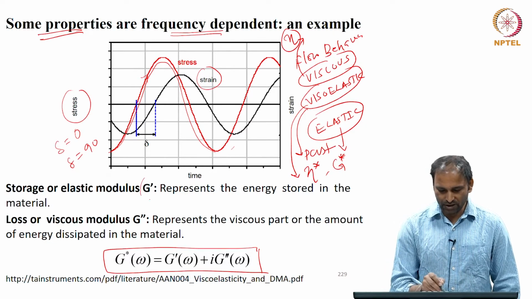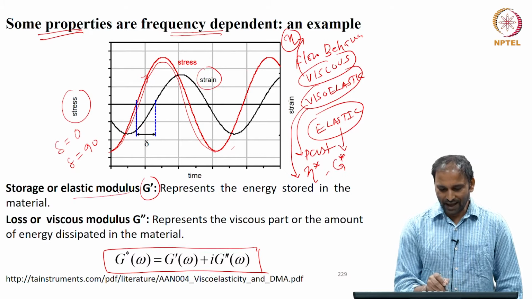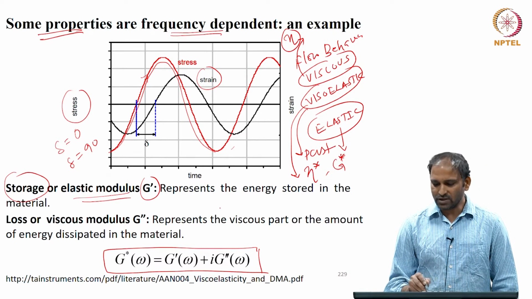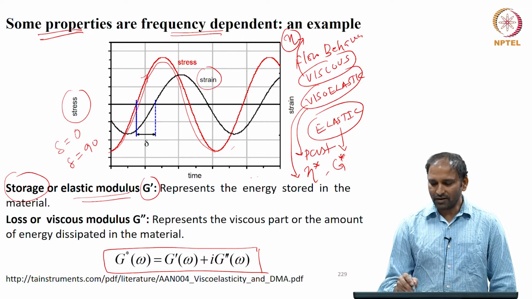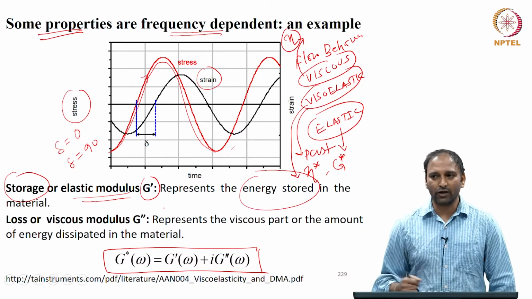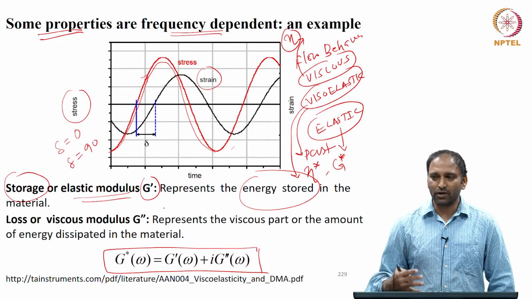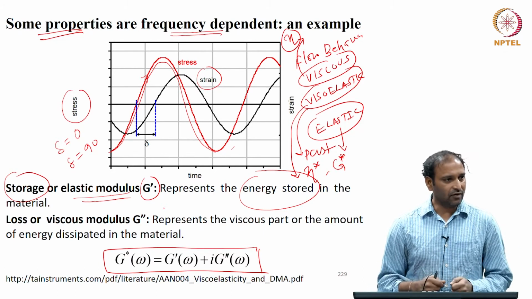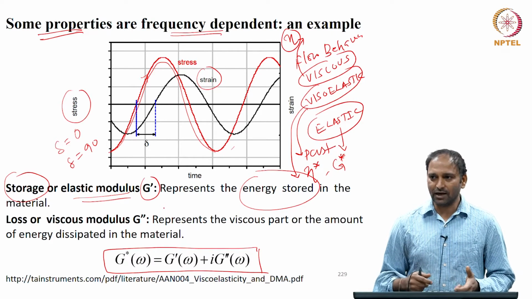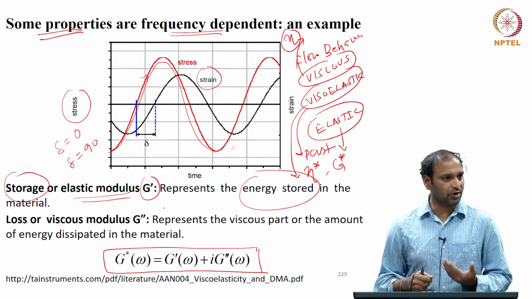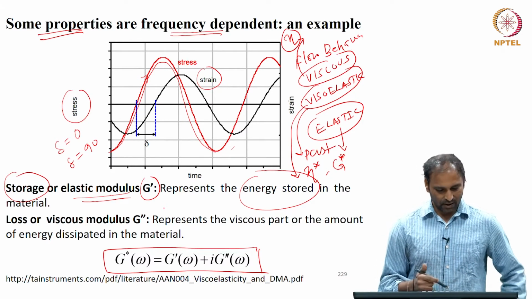One is what is called G prime, or the elastic modulus, also called the storage modulus, which represents the energy stored in the material, because we know that when you take a solid, if you are below the yield limit, and you apply any stress to the material and then release it, it essentially stores the energy that you apply, right.